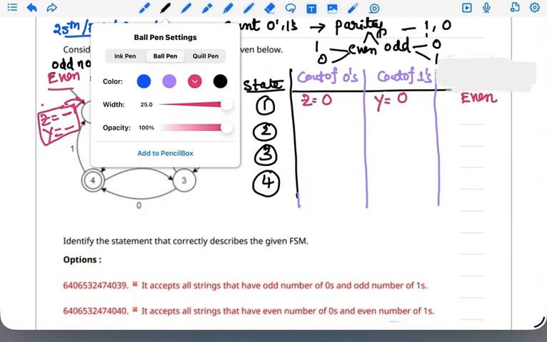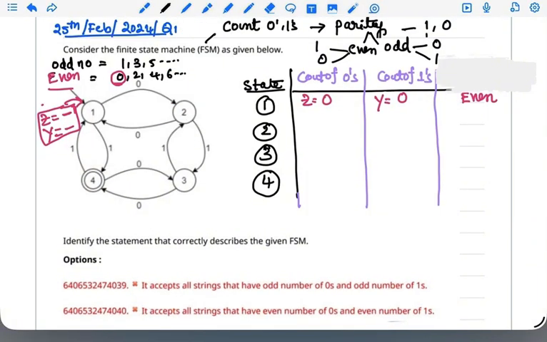Next is state 2. How do we reach state 2? By input 0. We reach state 2 from state 1 by adding one 0, so the number of zeros changes to 1. The count is increasing.